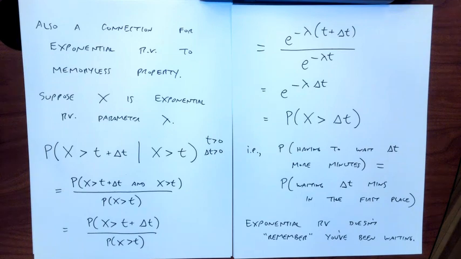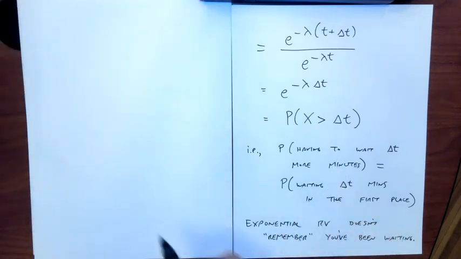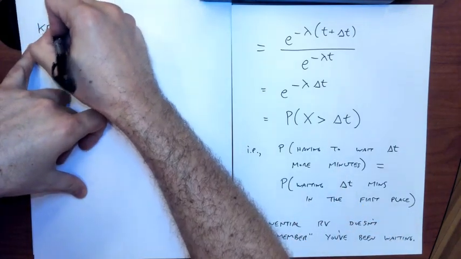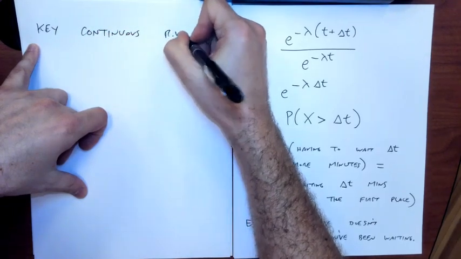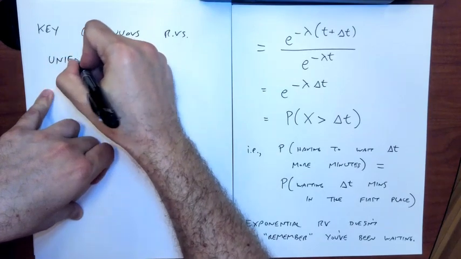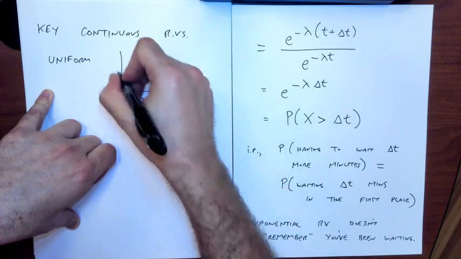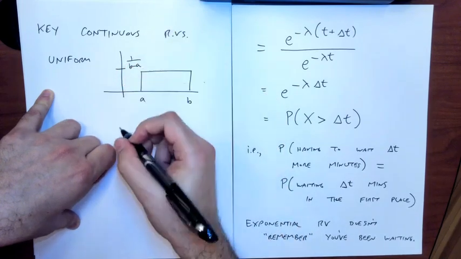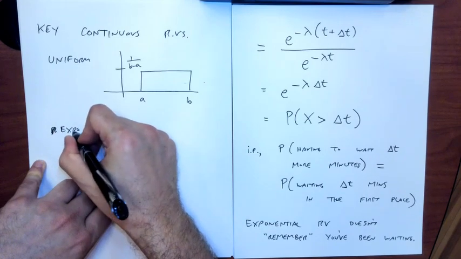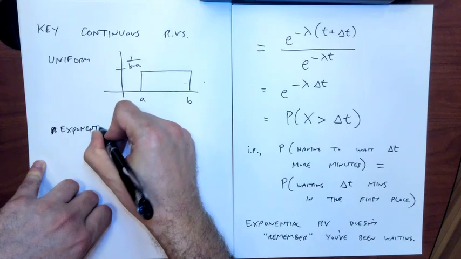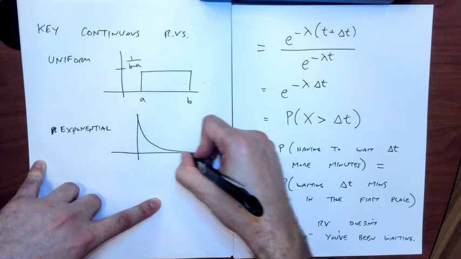So you must know three continuous random variables. Let me just make sure that we're all on the same page here. Key continuous random variables: we have uniform, where the PDF looks like this. We have exponential, where the PDF looks like this.